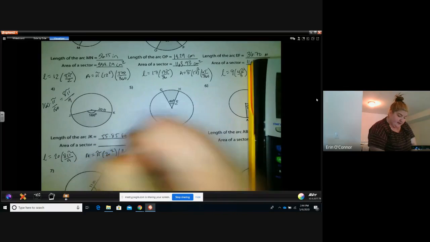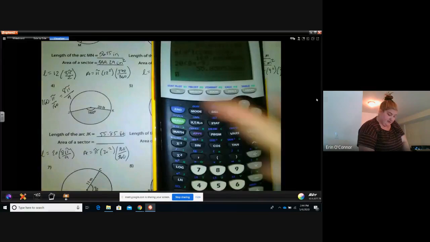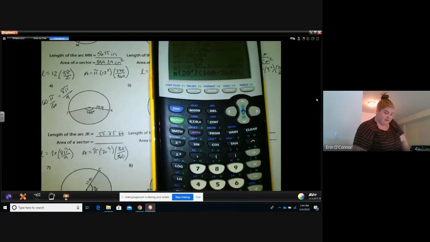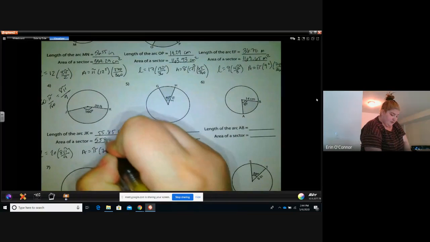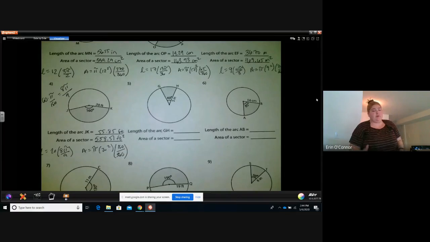If you're wondering where I'm getting those units from, I'm just getting them from the problem. And then the next one is pi 20 squared times 160 divided by 360, which is 558.51 feet squared. And if you decided to use 3.14, your numbers might be a little bit off from mine, but they should generally be around those same whole numbers. It's okay if they're a little bit off.